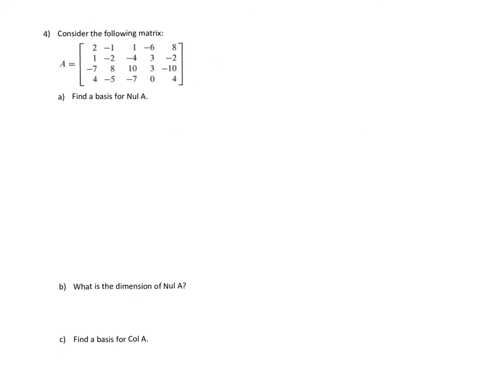Now I have a matrix A and I want to find a basis for null A. Remember the definition of null A is the set of all x's such that A times x gives you the zero vector. All these x's make null A. So I just need to solve this.